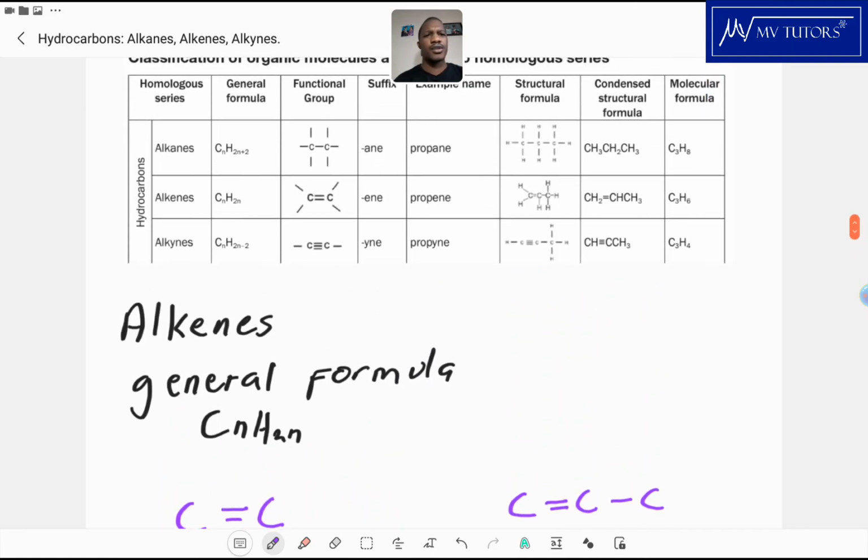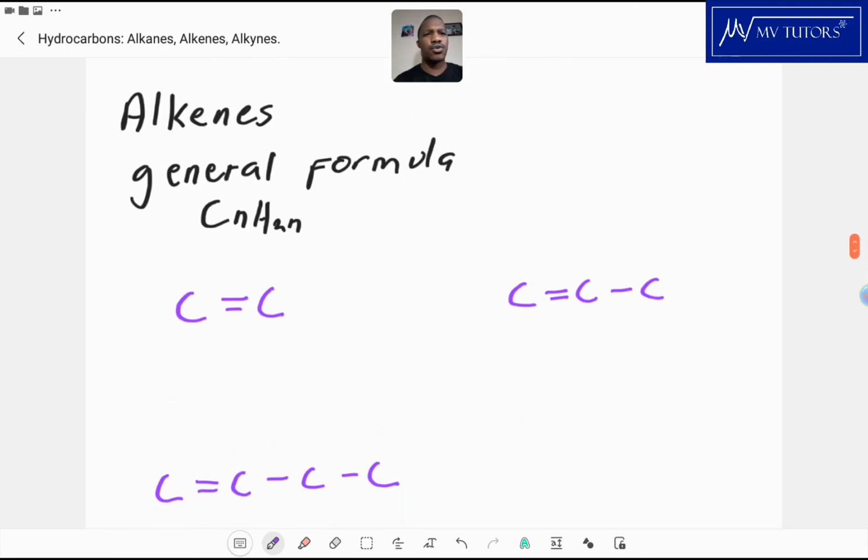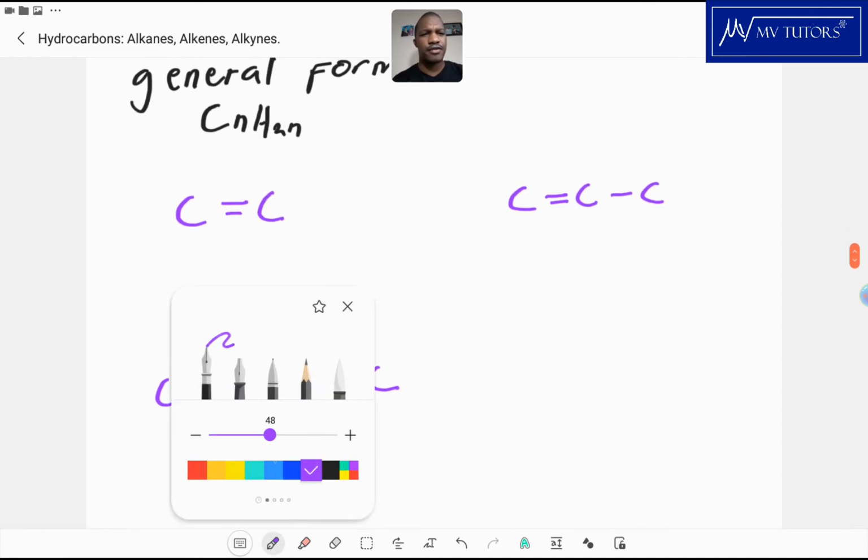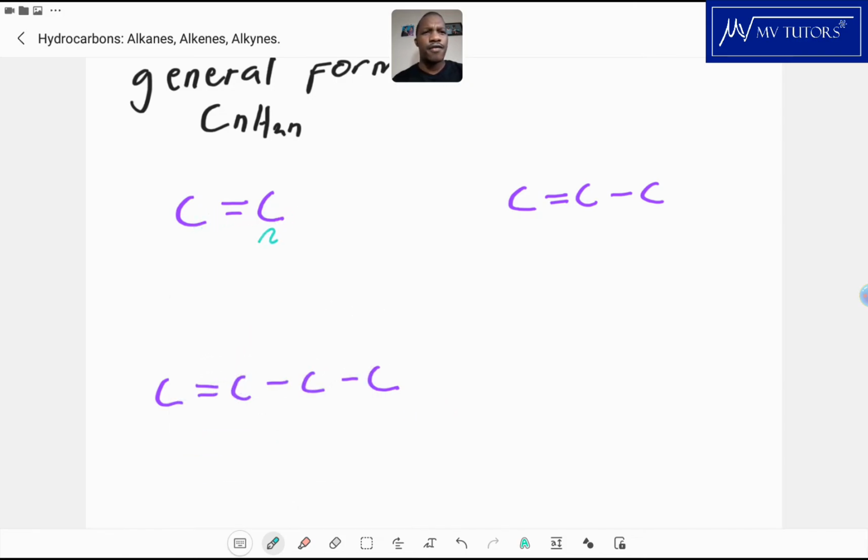Okay, so let's get to the naming of it. There's 2 of them here, so this is not a meth but an eth. This one is 3 of them, it's a prop.